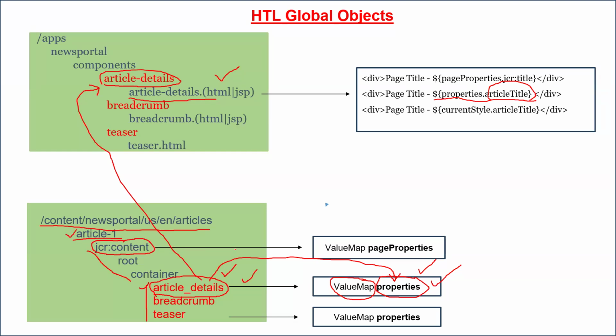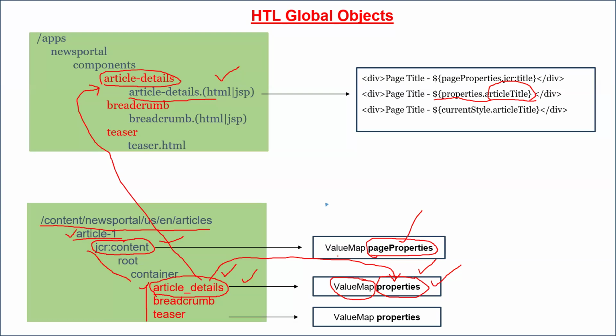While executing this JCR content node, it will generate one more object called page properties. Page properties is one more object. And this page properties is a replica of this JCR content node. All the properties of this JCR content would be available in the page properties.